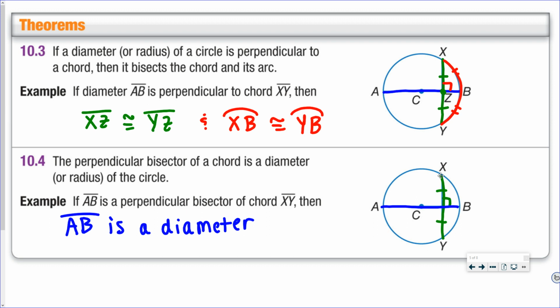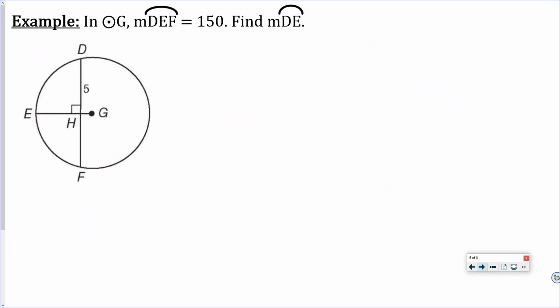All right, let's try some problems with this theorem. In circle G, the measure of arc DEF is 150 degrees. Find the measure of arc DE. They're showing us that this radius is perpendicular to this chord, which means three things.